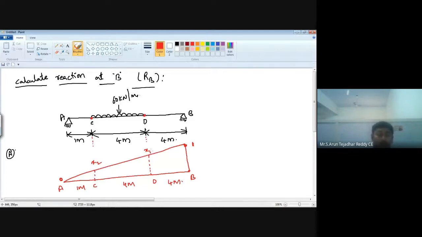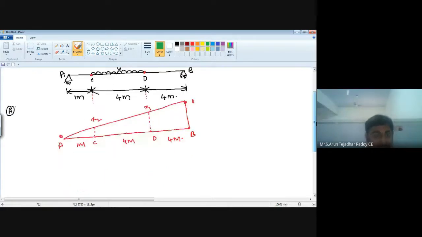See how to find x1 and x2. Already we have calculated this in the previous problem, by taking similar triangles. Here apply the similar triangle concept. From A to B, the intensity goes from 0 to 1.